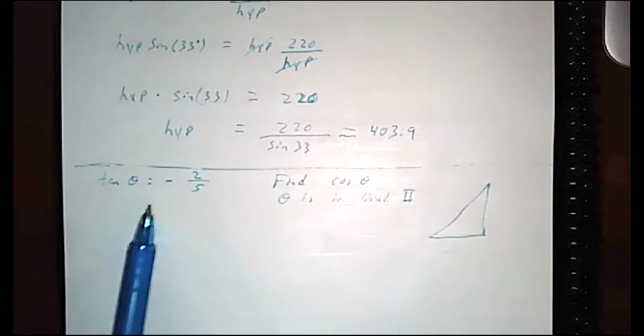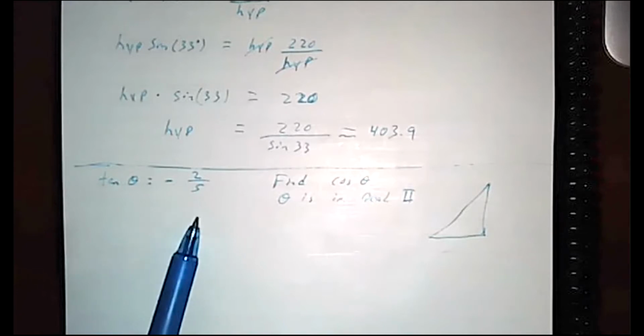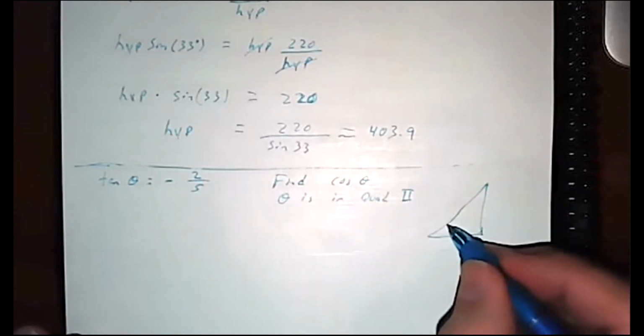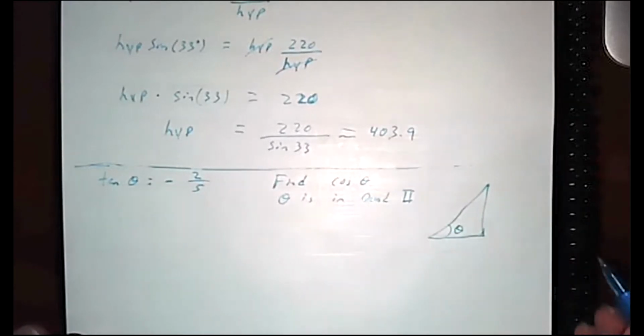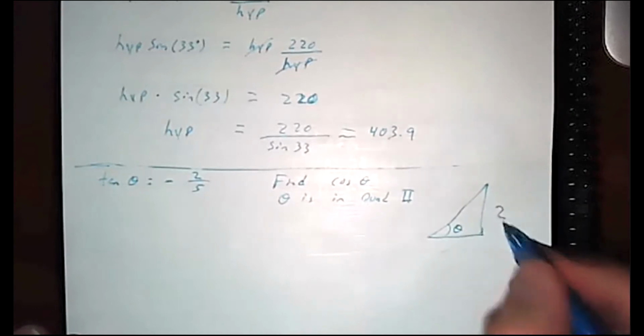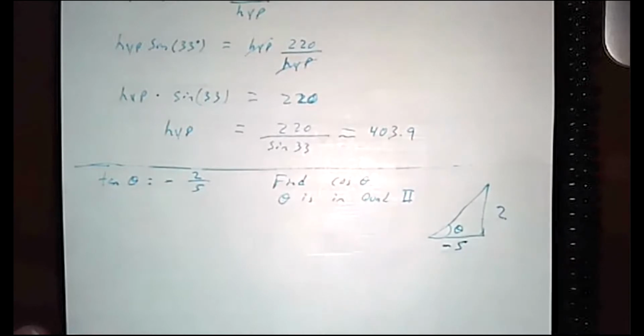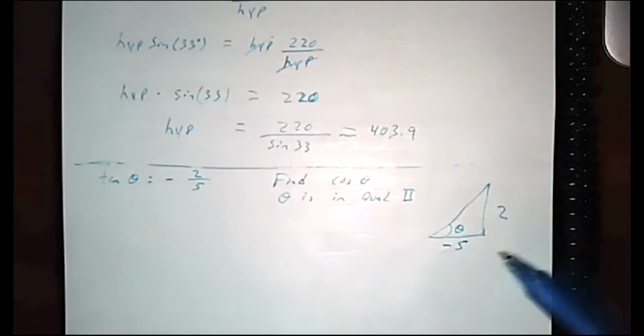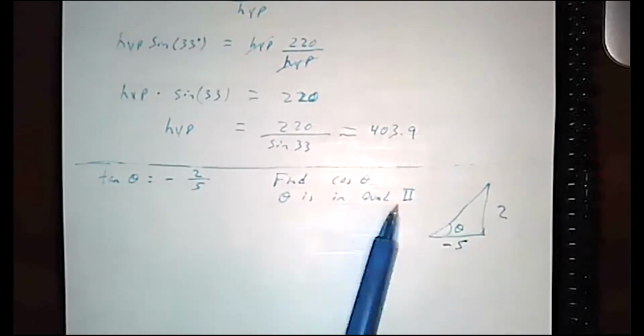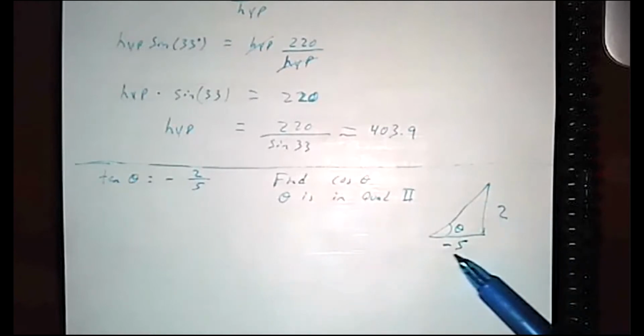So tangent is equal to opposite over adjacent. If I put theta here, opposite would be positive, adjacent would be negative, because adjacent is related to the cosine. So the information about quadrant 2 is telling me to put the negative on the 5.